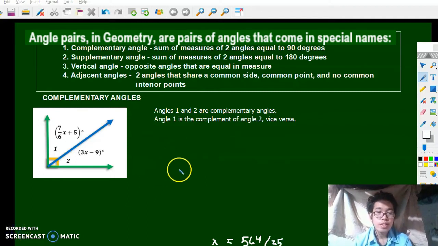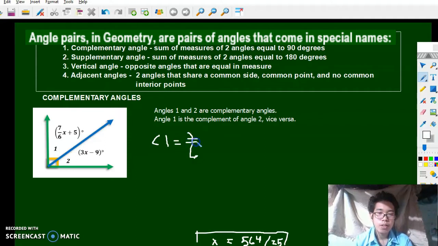For the next step, we simply substitute the value of x, which we've already solved, 564 over 25, to the values of angle 1 and angle 2. So angle 1 is equal to 7 over 6x plus 5 degrees.